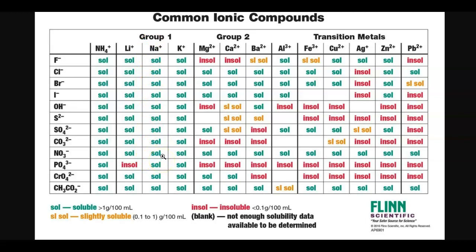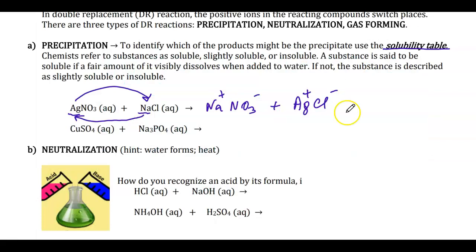That means that this compound, sodium nitrate, is soluble, right? The second one we have is silver chloride. So I found the chloride anion here, and I am moving my mouse toward the silver ion. Oh, and I found that it's insoluble, right? So that means that it's a precipitate, okay? And this arrow shows us that this will be solid. So aqua, right? And solid.